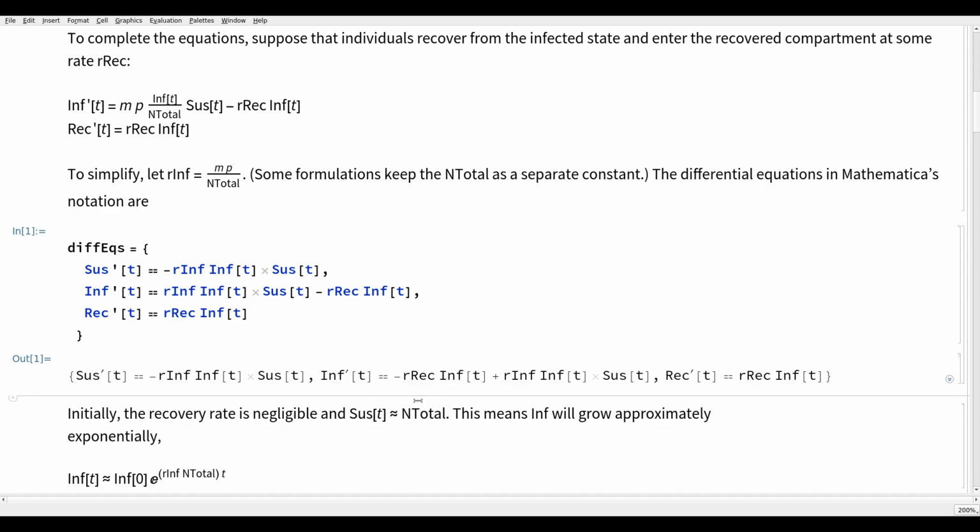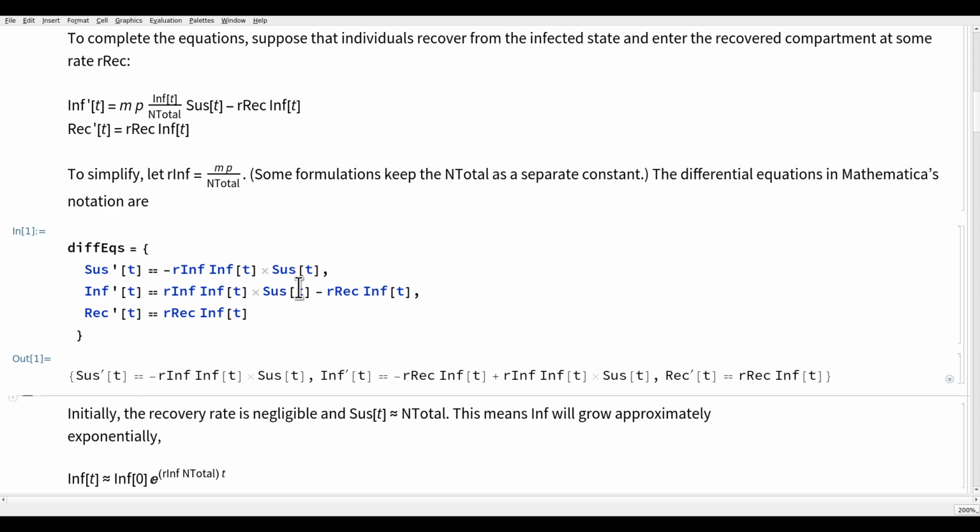I'm going to focus on the United States because that's where we are, and show you how I've set this up. So initially, essentially nobody is recovered and nobody's infected. So what you're seeing for the infected is the number of susceptibles times this constant rInf.